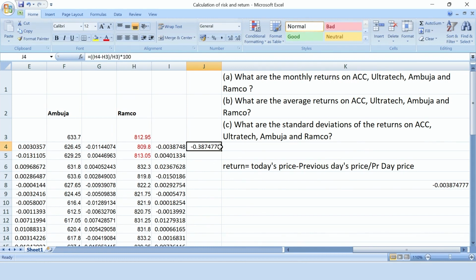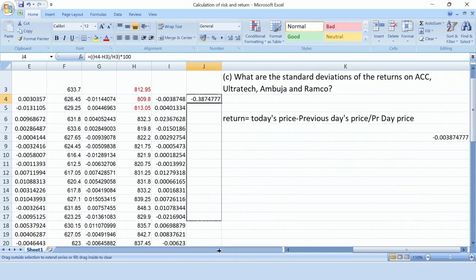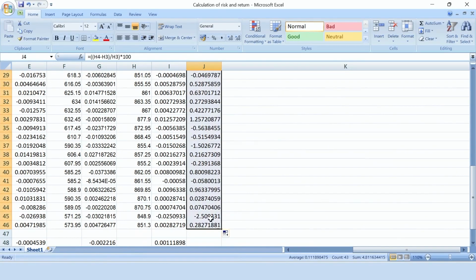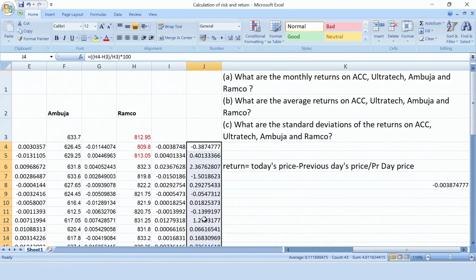Now simply drag this till the values, and you will get the return values. So we have the returns of Ramco now available to us.